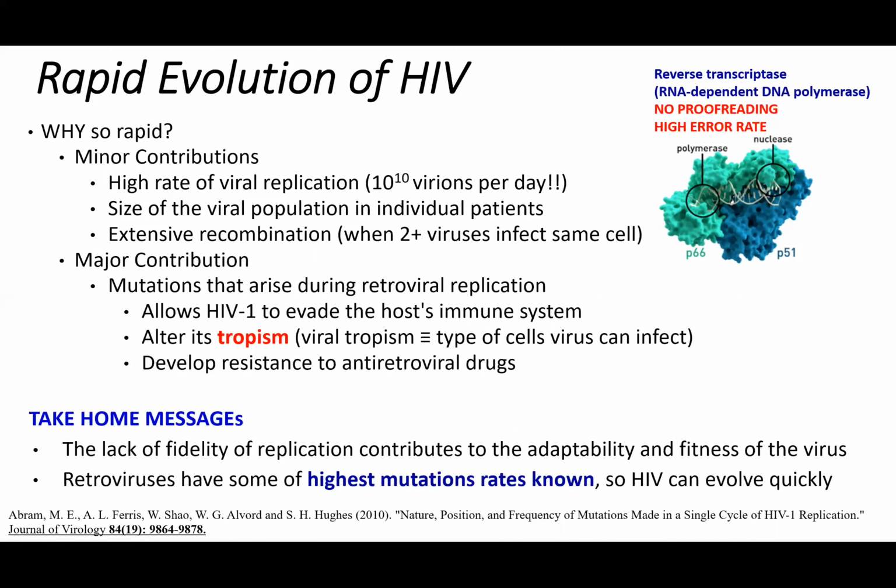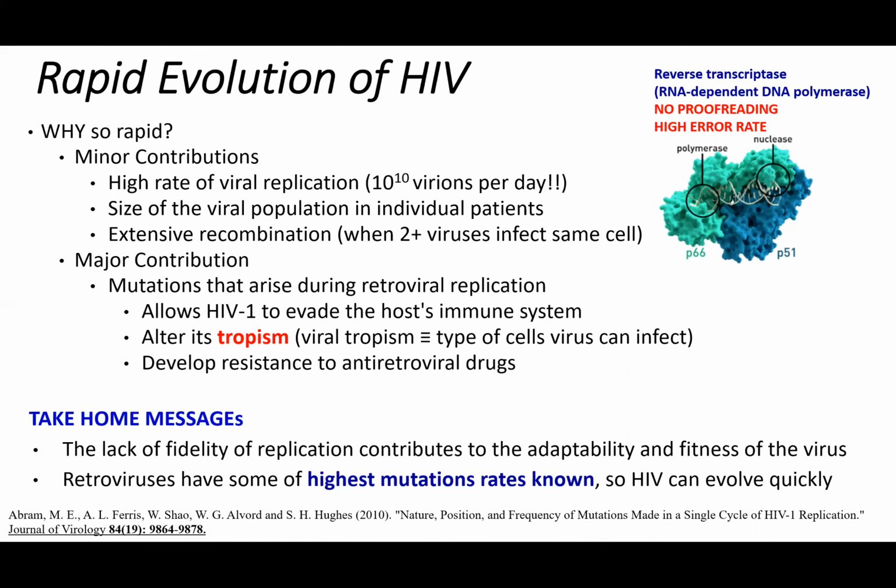The size of the viral population in individual patients can be very large. And remember, it can have extensive recombination. The idea being when you have two viruses infecting the same cells, you can have a cross-linking of the viral genomes, very much like what we see for influenza.